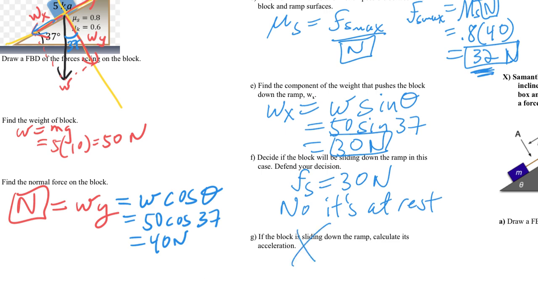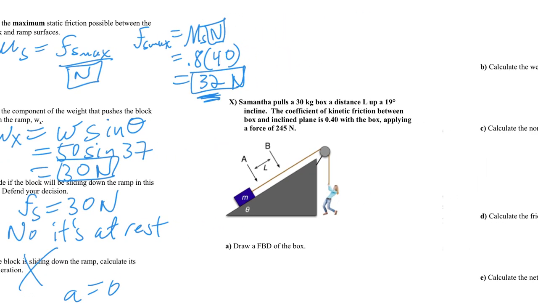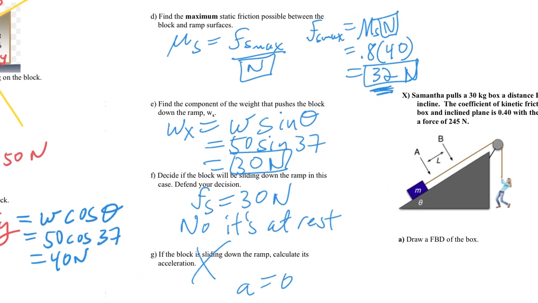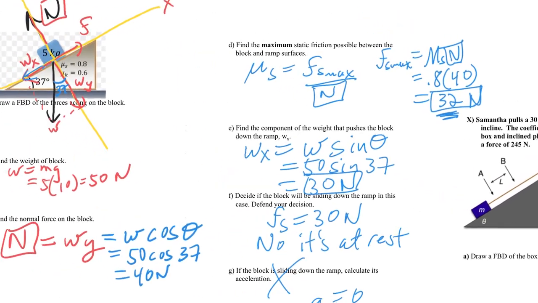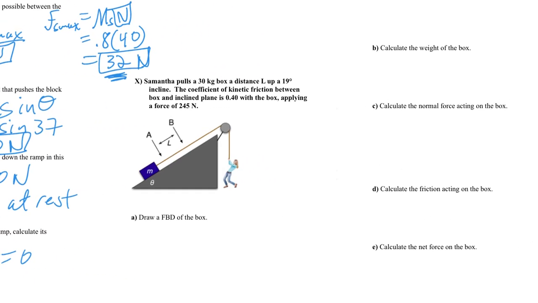So acceleration is 0. It's not sliding. Now, if Wx was greater than 32, I'd have to subtract the friction from the Wx. Then that would be the net force, and that would equal ma. Then I can solve for a.